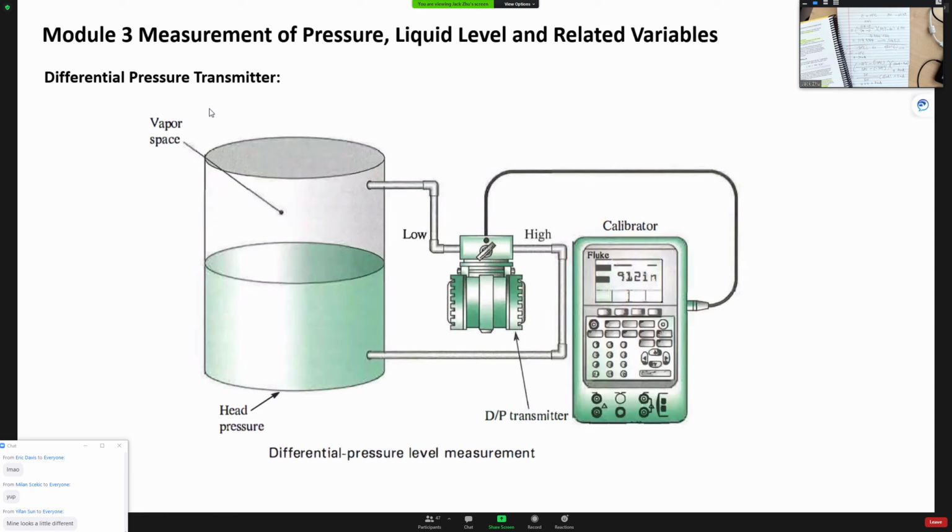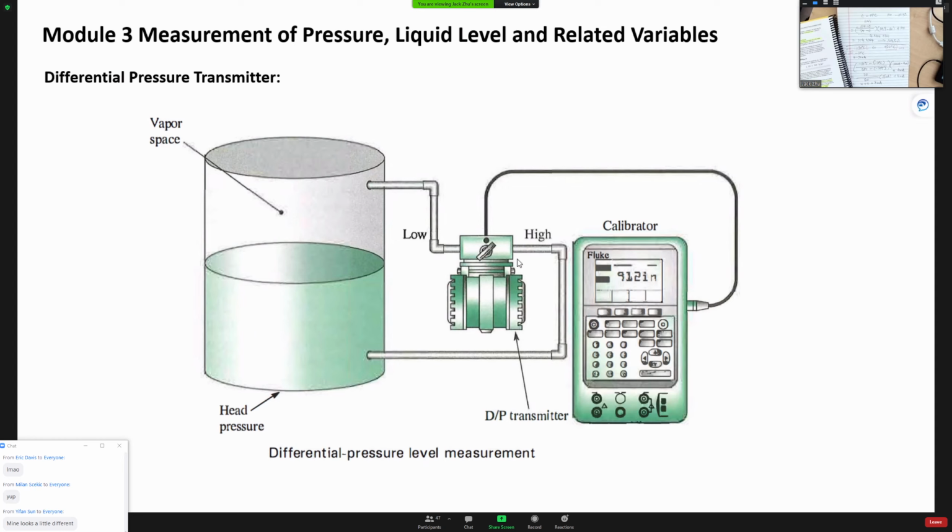So here is a differential pressure transmitter. You have one pressure sensor at the bottom and another pressure sensor at the top. The one at the bottom of the liquid is for sure going to measure a high pressure, because that's not only the air pressure plus the pressure caused by the liquid. The low pressure side just measures the air pressure on top.